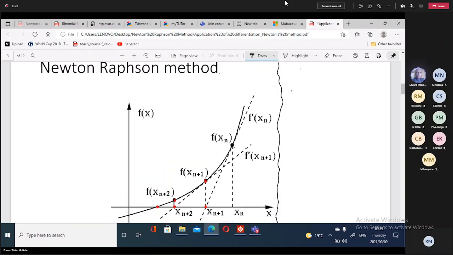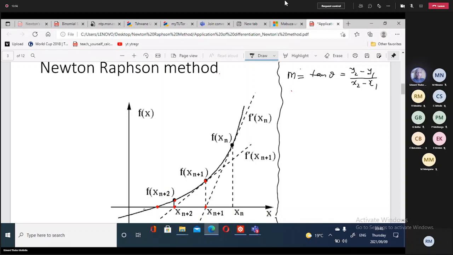Now we know that the gradient m equals tan theta equals y2 minus y1 over x2 minus x1. So this is the equation that will help us get the equation that we'll use for the Newton-Raphson method.